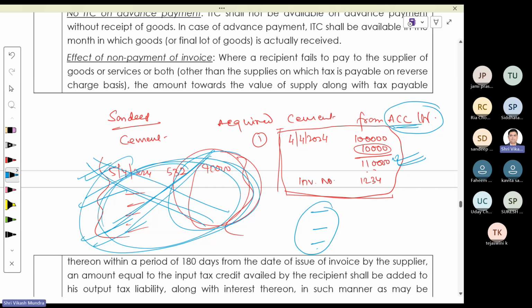Is it clear? This step is to take care of forged documents, to prevent forgery in the system. Clear? Yes, sir.